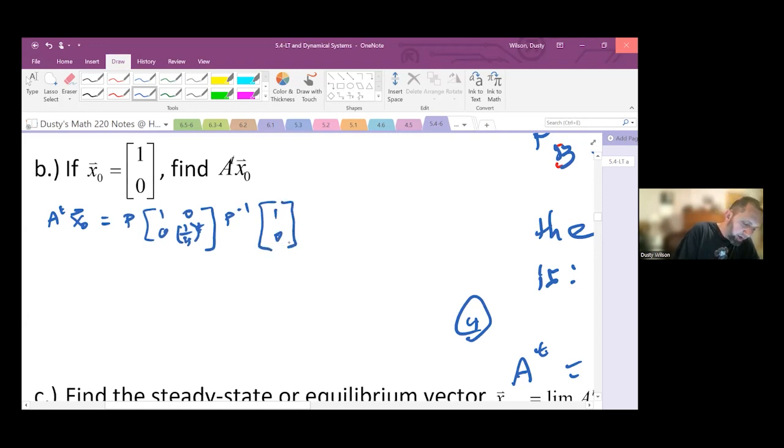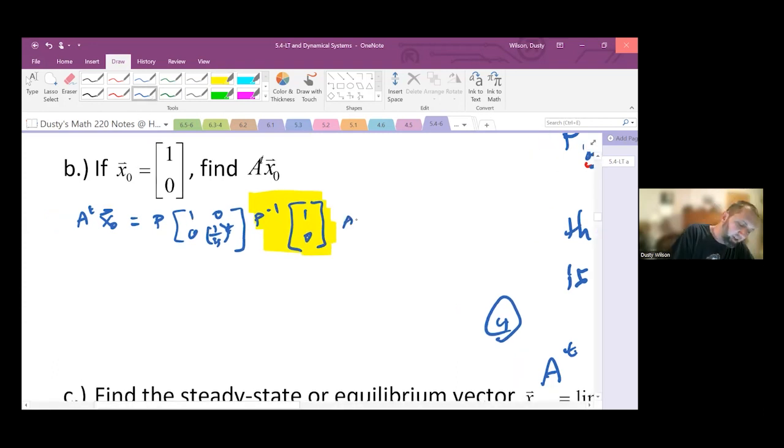I'm going to start by focusing on P inverse times [1, 0]. P inverse is 1 over the determinant, so 1/3 times [1, 1; -2, 1], times [1, 0].